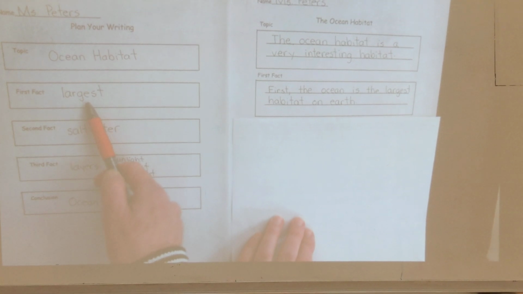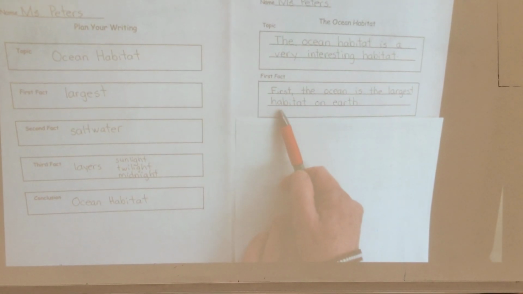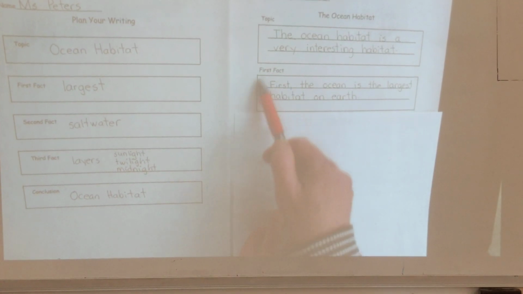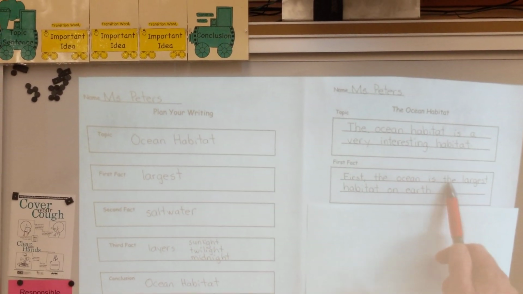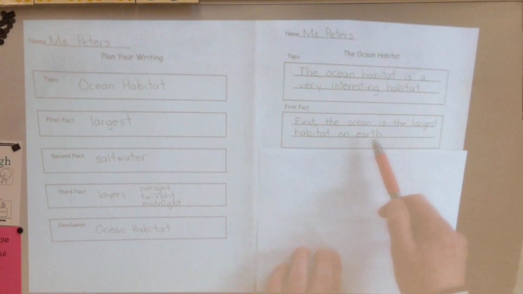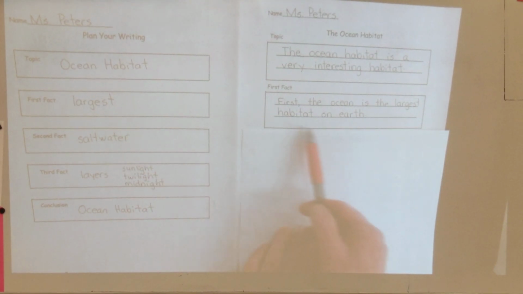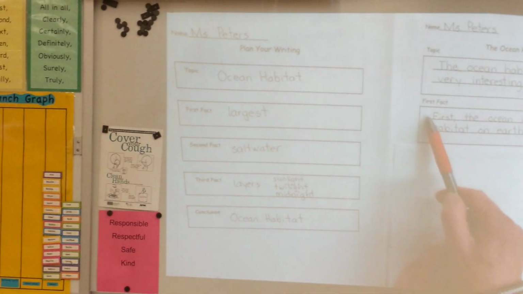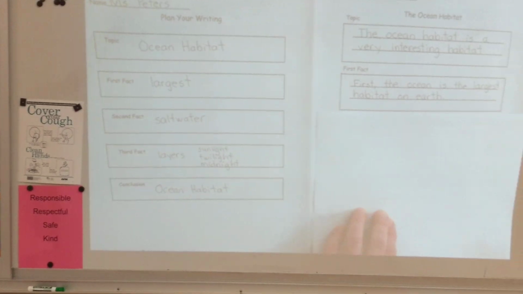So I took that, the largest, and I wrote it in a sentence over here, using my transition word first. First, the ocean is the largest habitat on Earth. So I took one word and turned it into a complete sentence, remembering to include my transition word first.